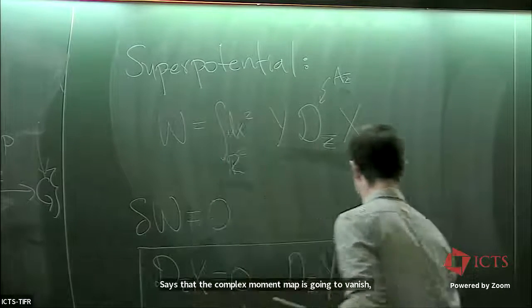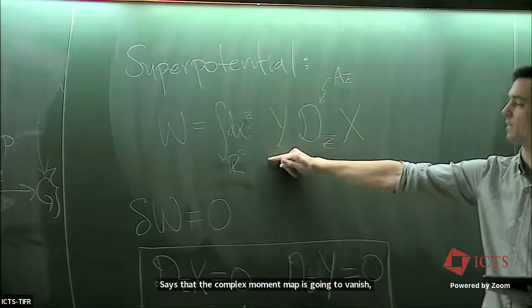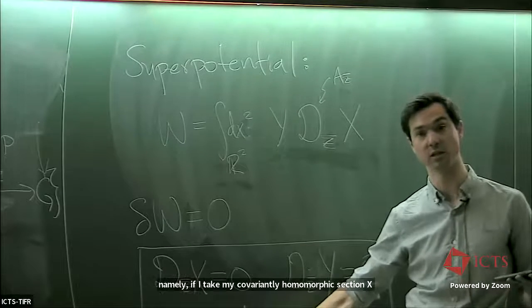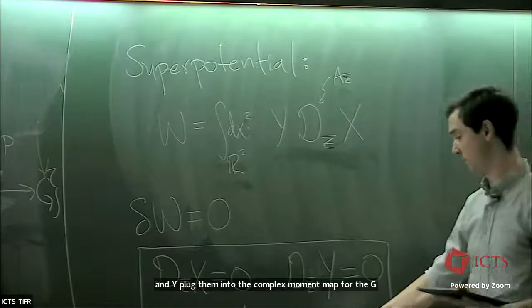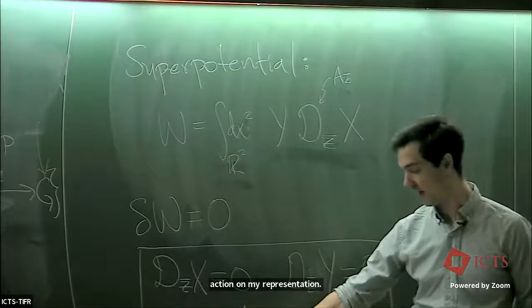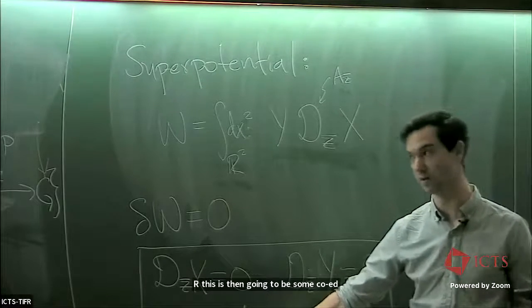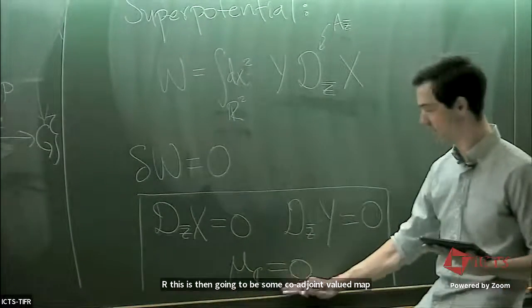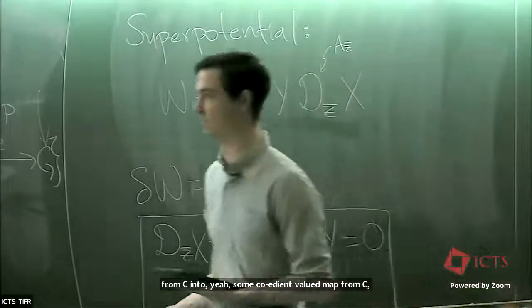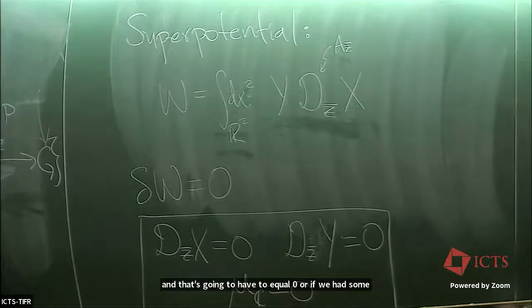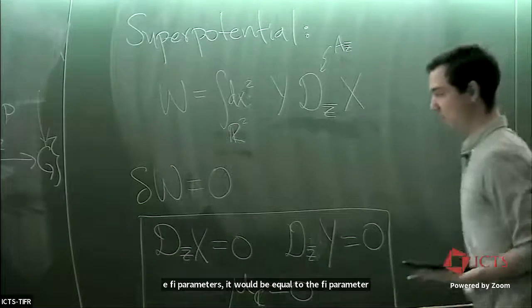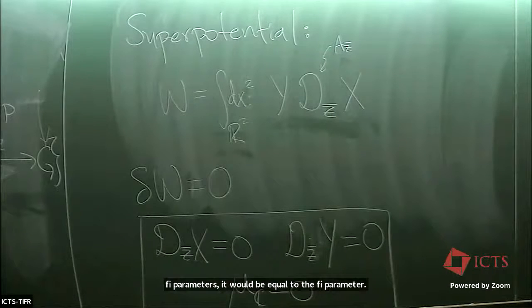Namely, if I take my covariantly holomorphic sections x and y, and plug them into the complex moment map for the G action on my representation R, this is then going to be some coadjoint valued map from C, and that's going to have to equal 0. Or if we had some FI parameters, it would be equal to the FI parameter. Okay, so these are my first three equations.